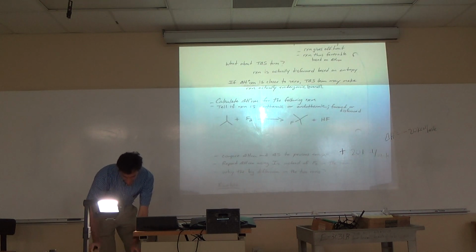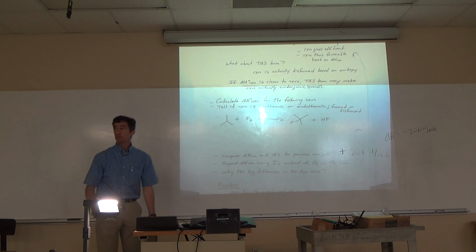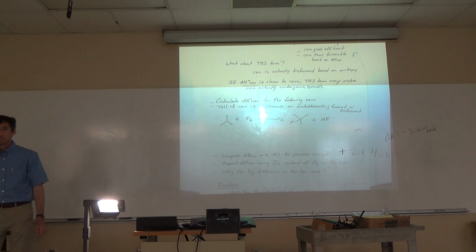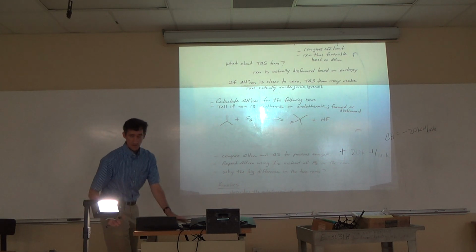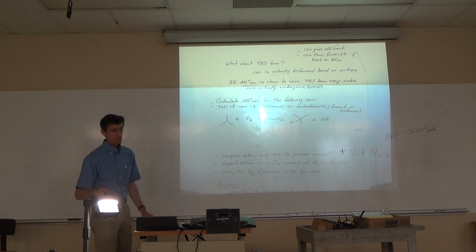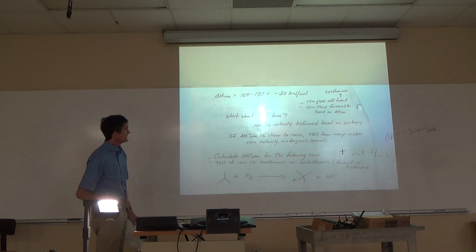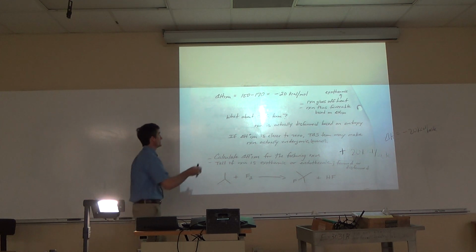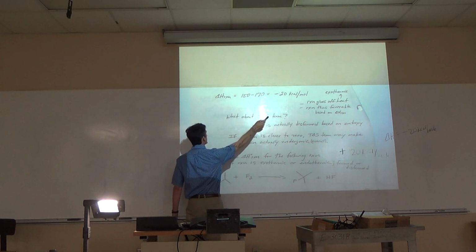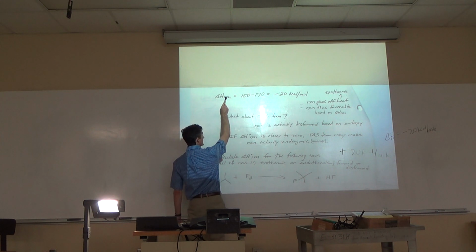On the back you can see this reaction is favored by enthalpy. Exothermic reactions are favorable. What about the T delta S term? Because remember, delta G has two terms. It's this term and then this term. This term is favorable for this reaction. It's exothermic. What about this term?